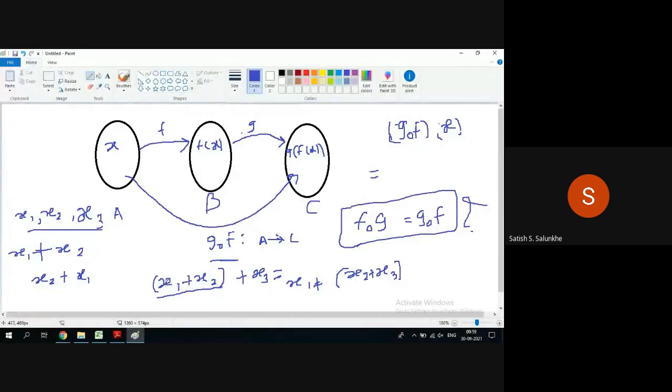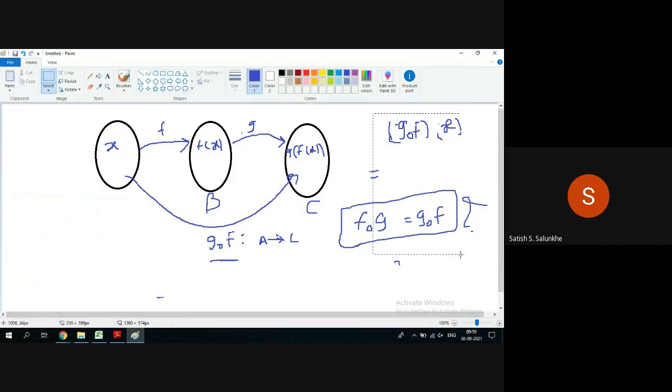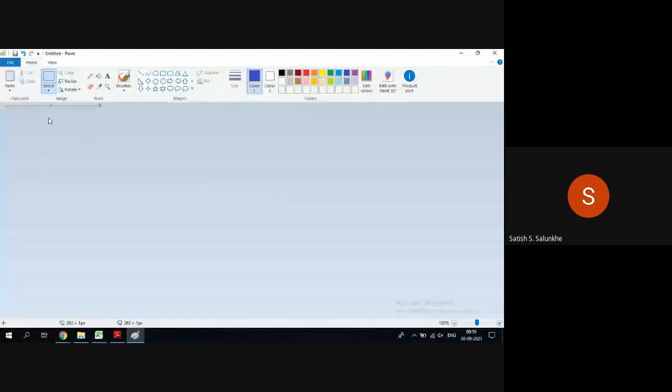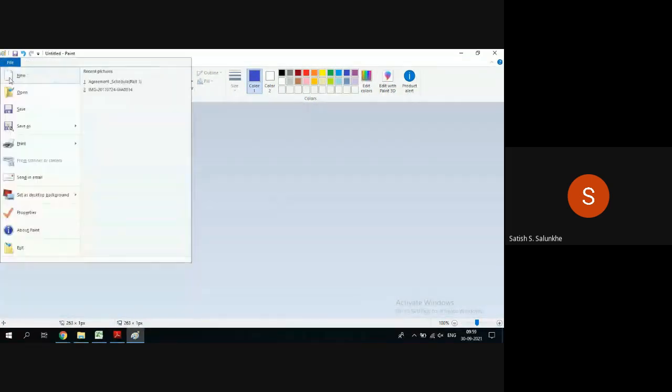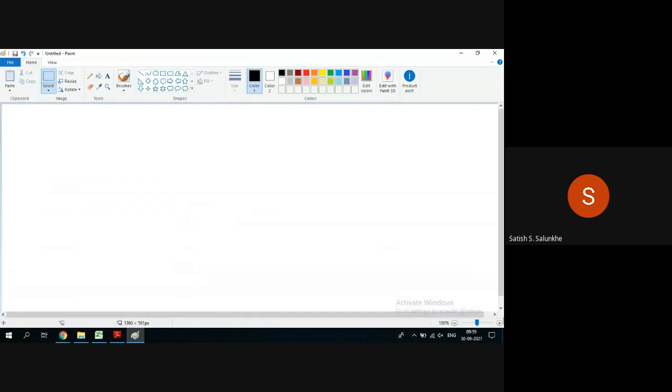Same thing we need to check: whether the composition operation also satisfies this associative law or not. Now what is the meaning of associative law in terms of this function f?